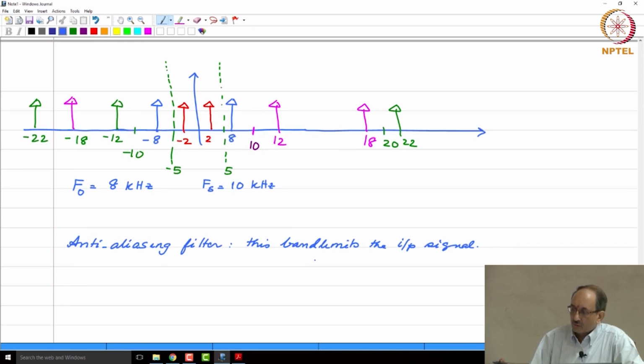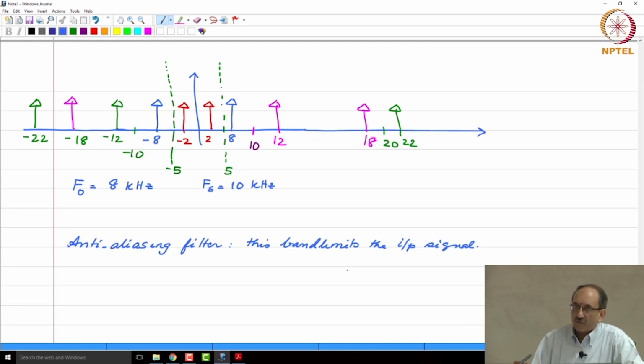And the answer is that this anti-aliasing filter at the front end is better, because in that case you only lose the high frequency component, whereas if you cause aliasing, not only are you going to lose the high frequency information beyond Fs by 2, but that high frequency information is going to come back as a lower frequency component in the signal and cause distortion.